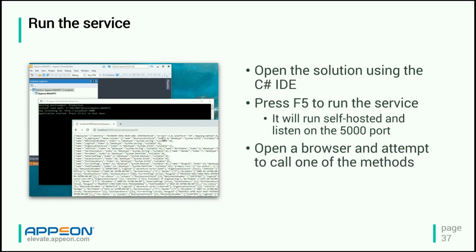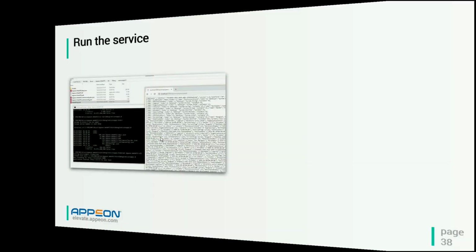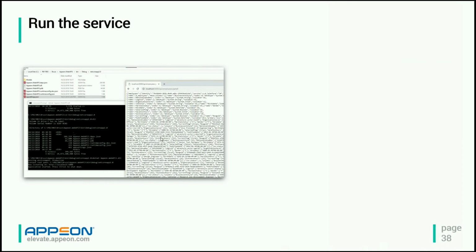Now, you don't necessarily have to use the C# IDE. If you want to only do your development in the PowerBuilder IDE, you can't hit F5 in PowerBuilder and have the service run, but what you can do is go to the directory where you built the project. You do need to copy the appsettings.json file out of the original directory it's in into the bin directory where the assembly is.